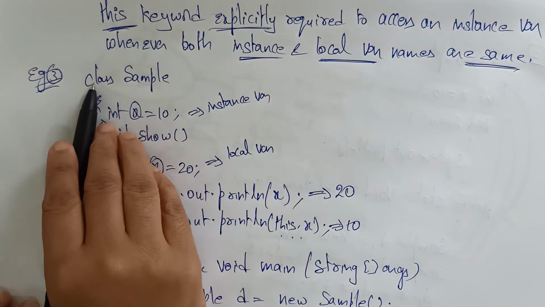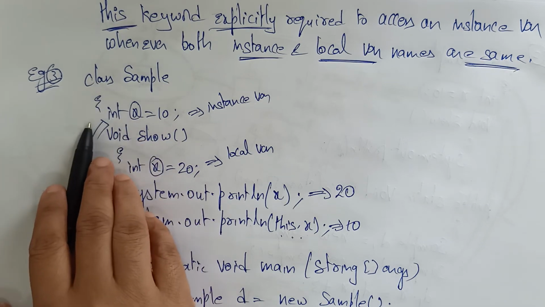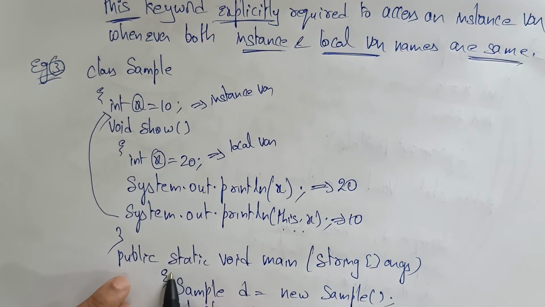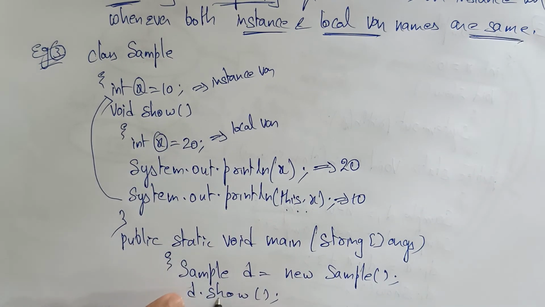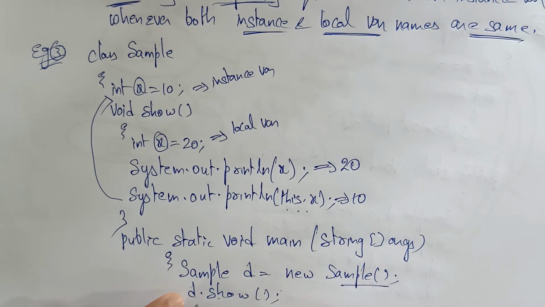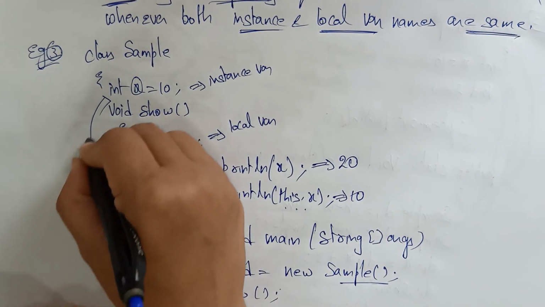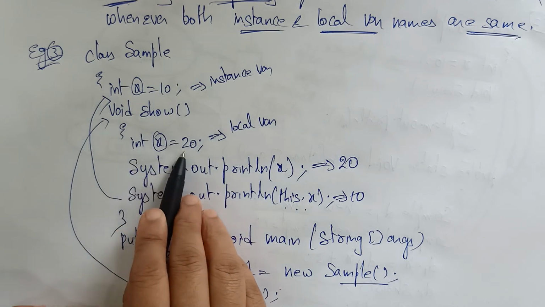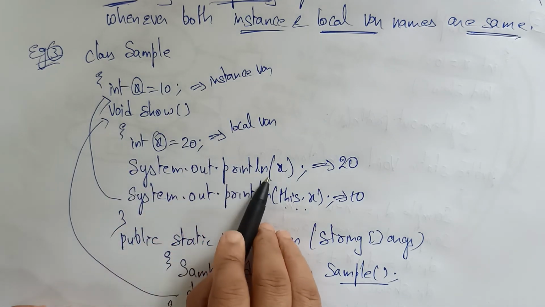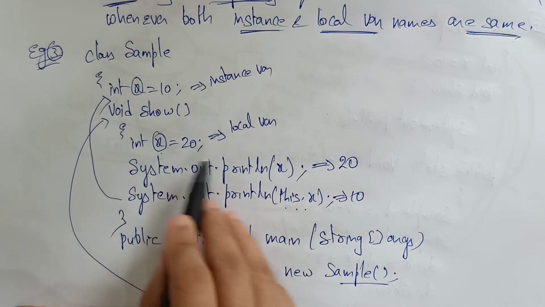Okay, so first the class is loaded, open brace executed, compiler comes to here, so the object is created, Sample, and d.show. So whenever d.show, it goes to here, and int x is equal to 20, a local variable is loaded. System.out.println, here it takes the 20 value.